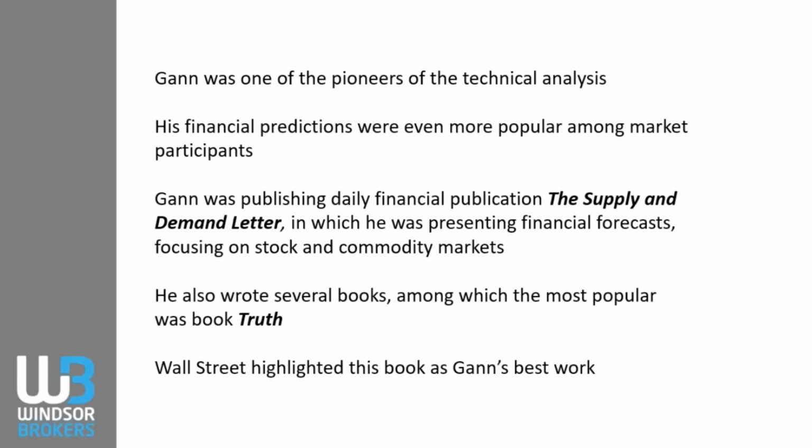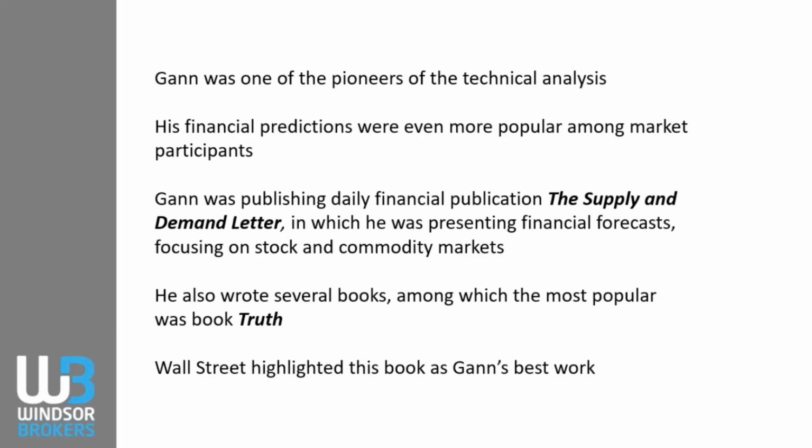His predictions were very popular among all traders and market participants, and they were published in his daily publication called the Supply and Demand Letter, where he was presenting his forecasts. As said, mainly he was focusing on stocks and commodity markets.